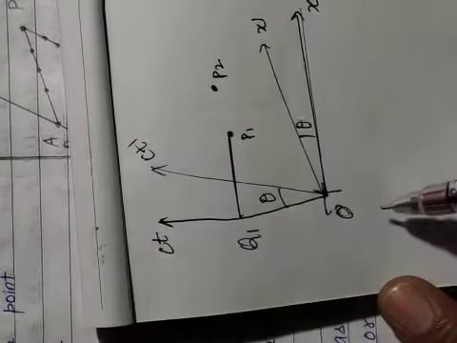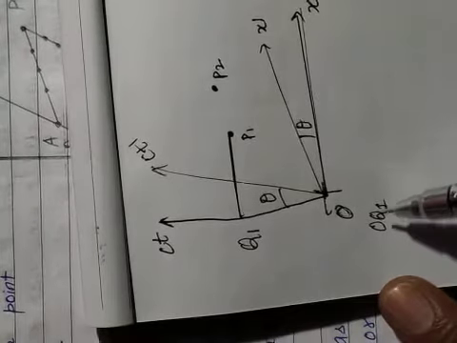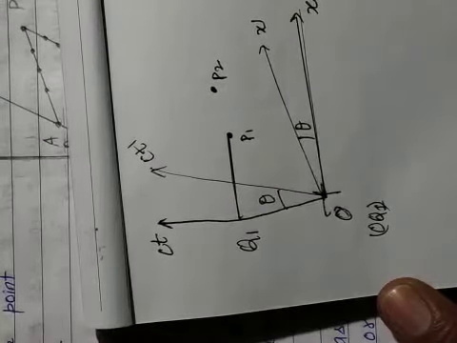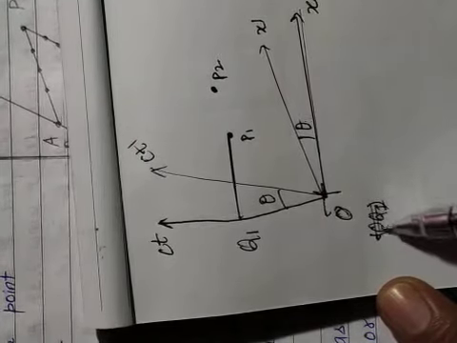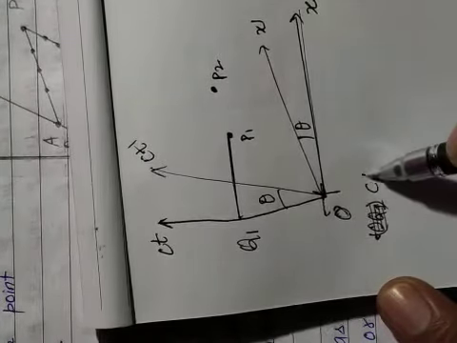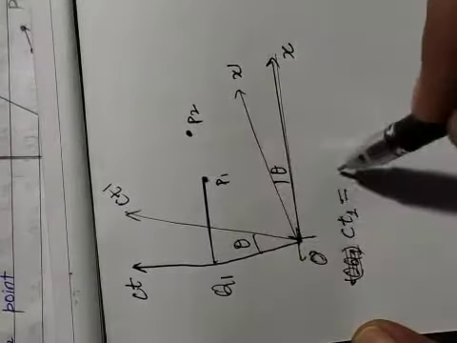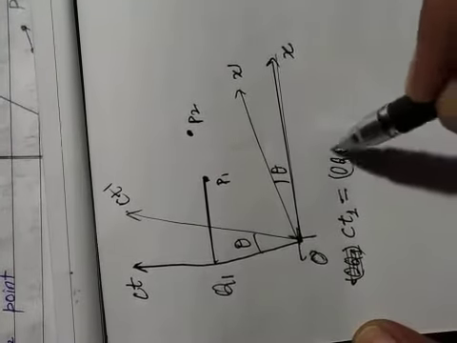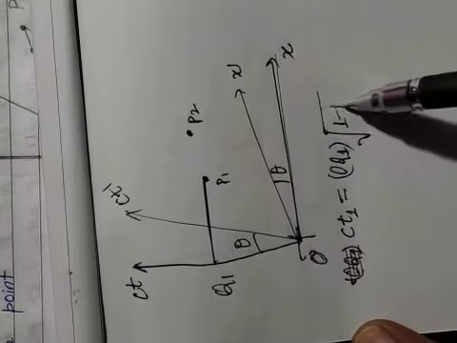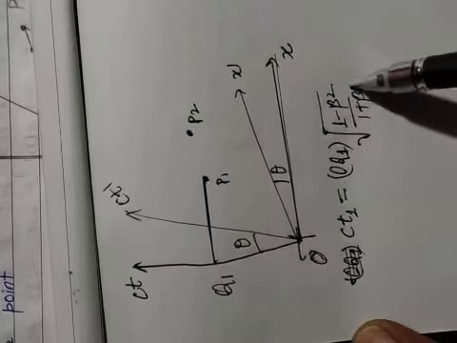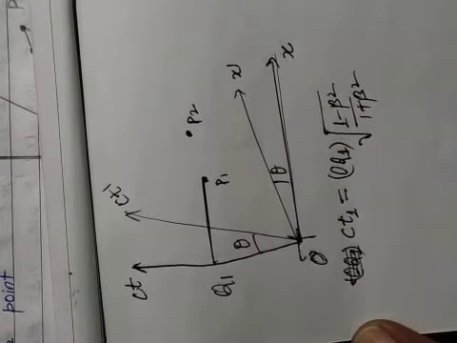Sorry, not OQ1, this is my coordinate CT1. The CT1 coordinate for this point is OQ1 multiplied by the same factor, the square root of 1 minus beta square over 1 plus beta square.